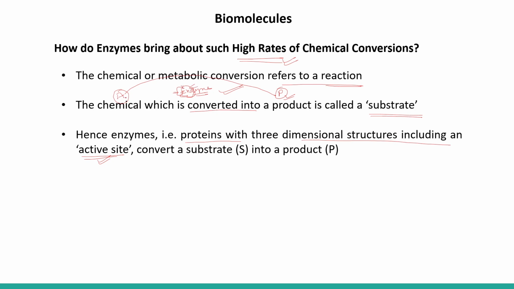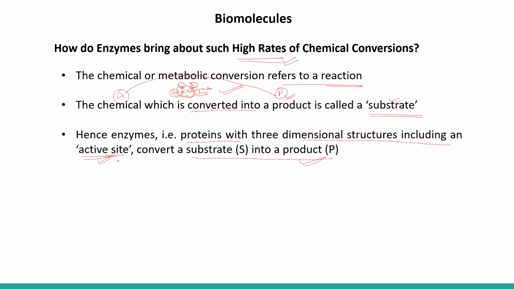Now the chemical, the substrate, gets attached to these active sites, bonds are broken down, and a new product is formed. So these active sites are the sites on the enzyme at which the substrate gets attached. Okay, so that converts substrate into product.